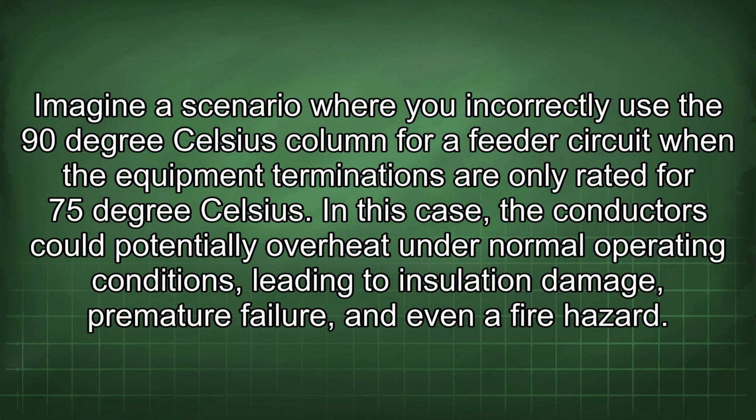Imagine a scenario where you incorrectly use the 90°C column for a feeder circuit when the equipment terminations are only rated for 75°C. In this case, the conductors could potentially overheat under normal operating conditions, leading to insulation damage, premature failure, and even a fire hazard.